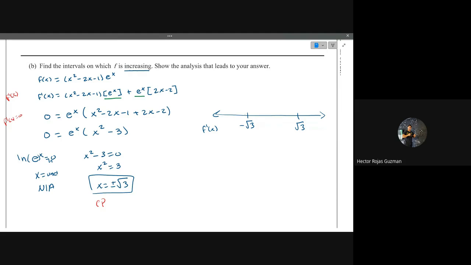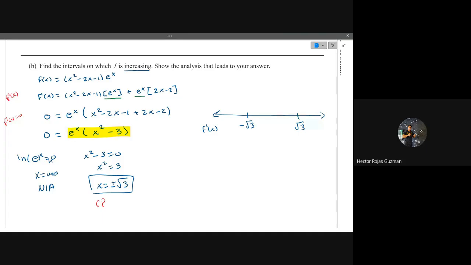Okay. You have 2 options here. You can plug in your values into this one because that is the derivative. But my recommendation for you guys is to always work with factor form. Factor form makes it a lot easier.